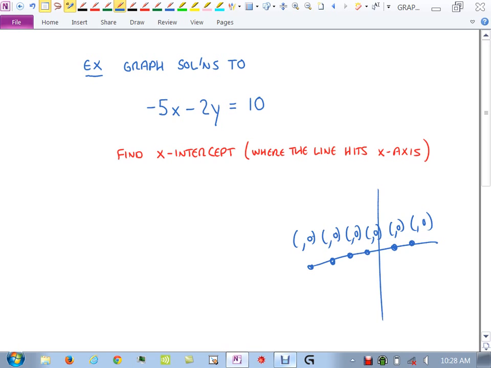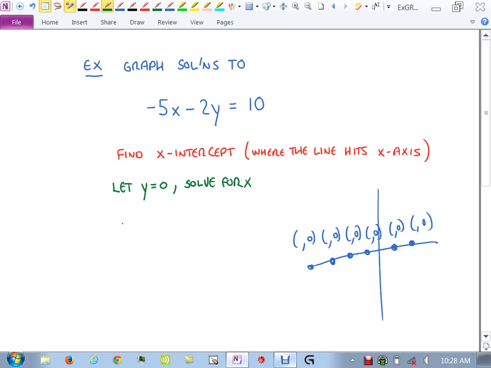So in order to find an x-intercept, we go up to the equation and replace y with 0. That's the standard way of doing it. I know if I'm going to hit the x-axis, y has to be 0. Let y be 0, comma, now you solve for x.